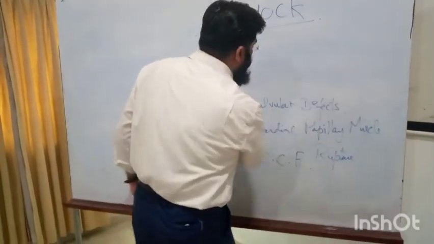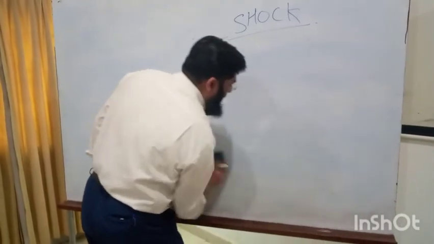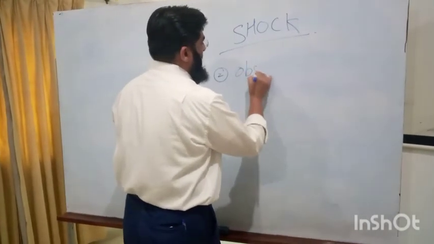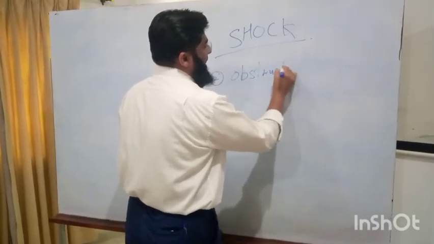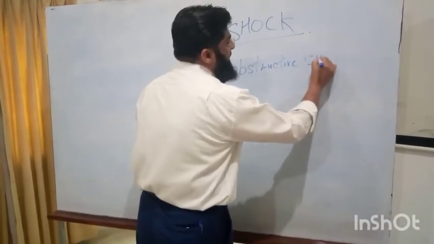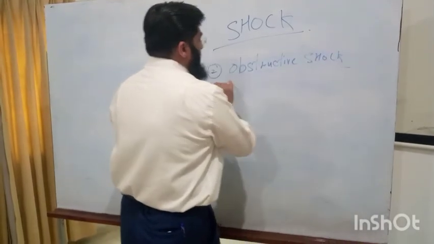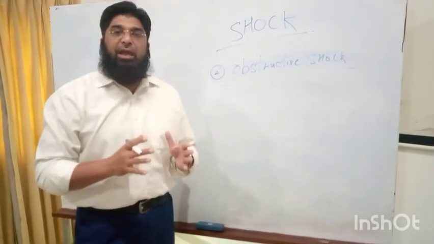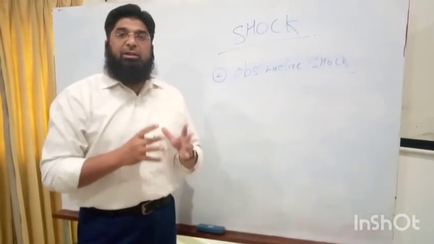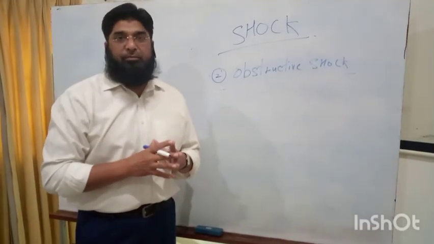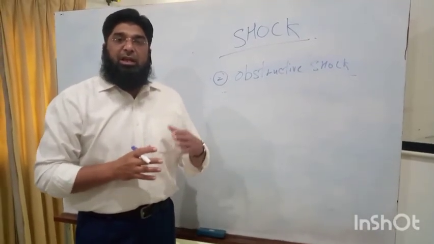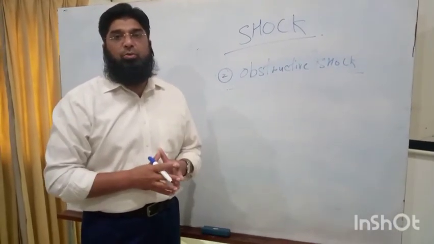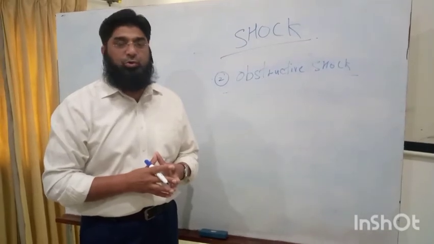Now students, we move towards another type of shock, which is obstructive shock. Students, in obstructive shock, there is an obstruction in the circulation of the blood. As a result, there is interruption in oxygen supply to the different cells and tissues.